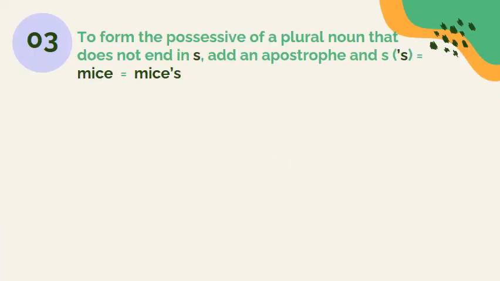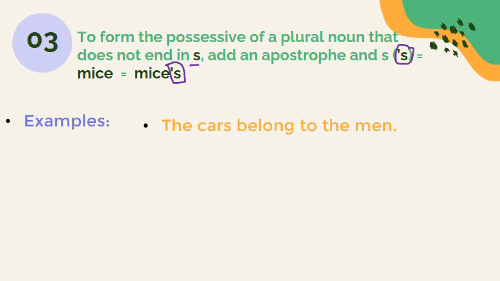Let's find out. To form the possessive of a plural noun that doesn't end in S, we add apostrophe then S, just like the singulars, okay, because there's no S. For example, mice becomes mice's, okay? Mice alone doesn't have an S, so I added apostrophe S to make it possessive. For example, the cars belong to the men, okay? So this is in plural.